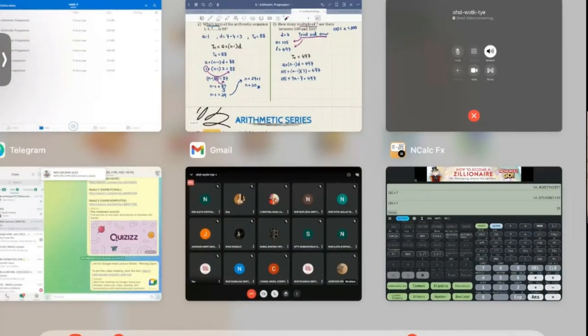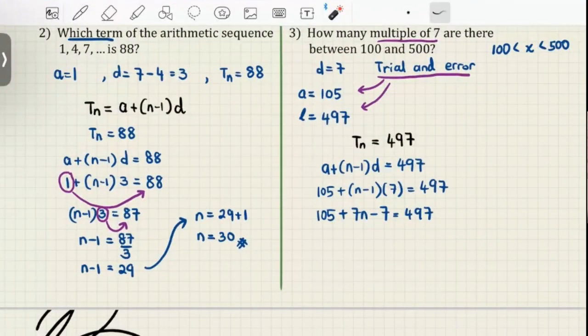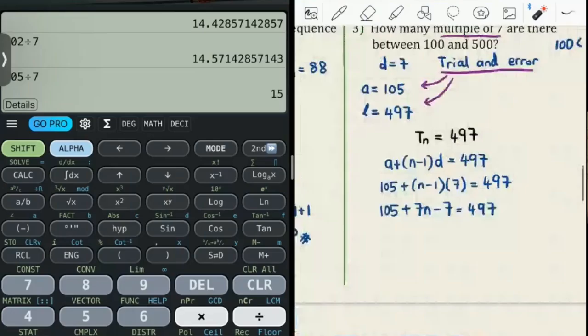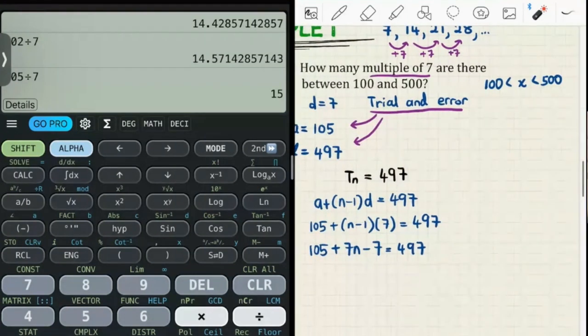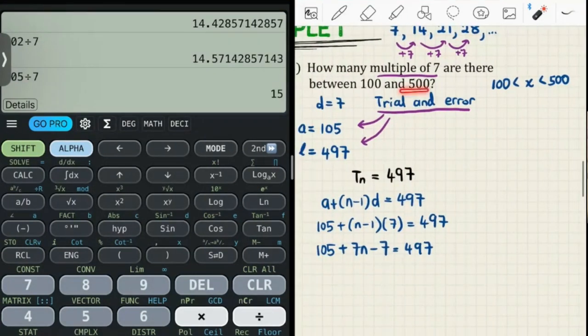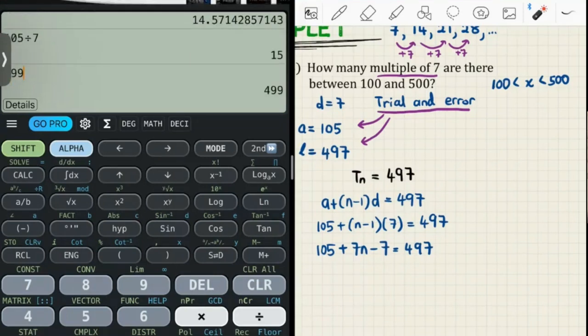Sama juga macam kita kira yang 497 ni. So tadi kita kata the number must be between 100 and 500 kan? So 500 tak termasuk lah. Kita akan start dengan 499. Okay, so kalau 499, if we divide it by 7, we get a decimal number here.